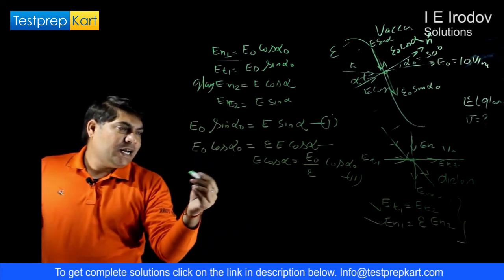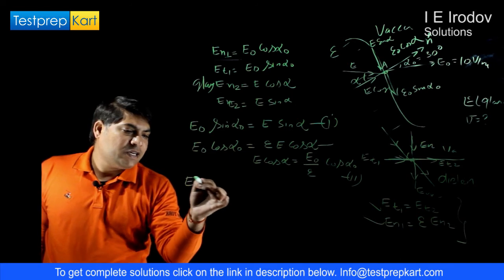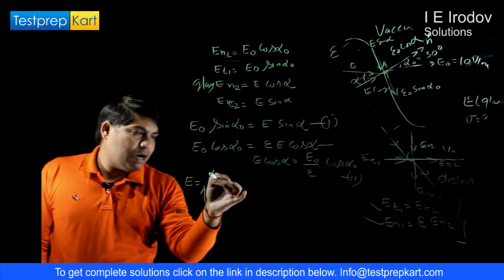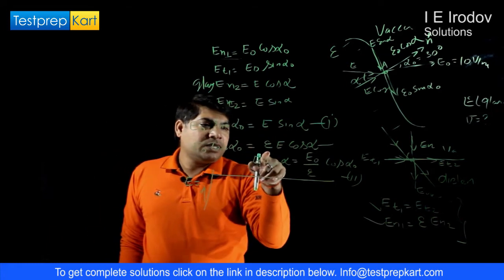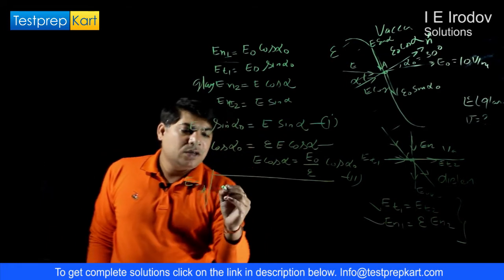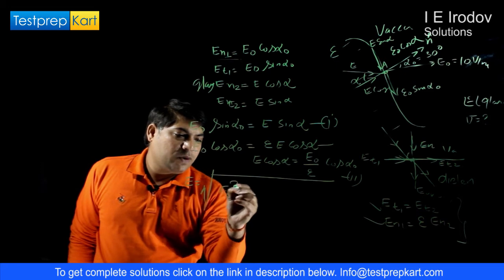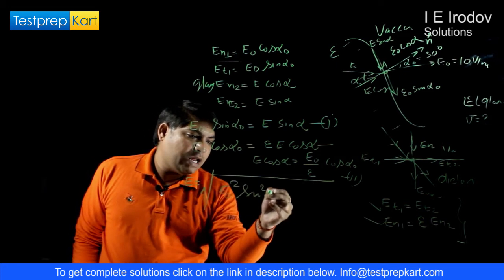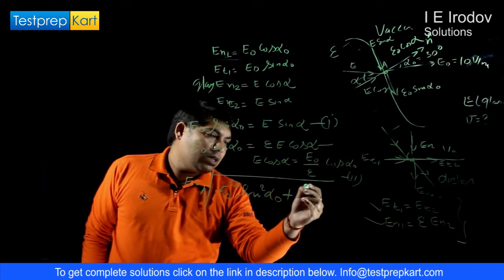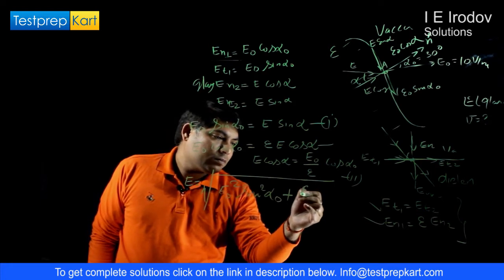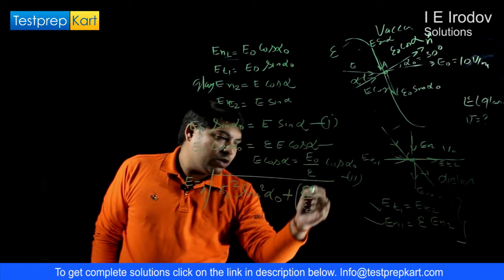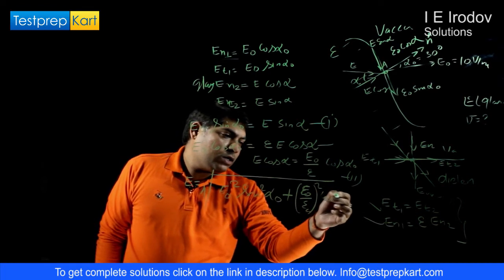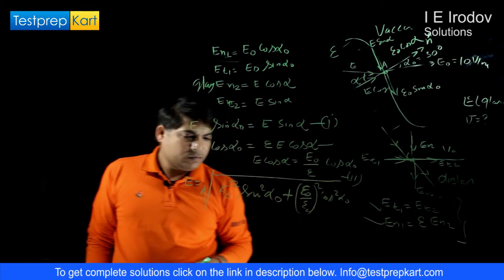So the magnitude of the electric field is the square root of E naught square sin square alpha naught plus E naught upon epsilon whole square cos square alpha naught.